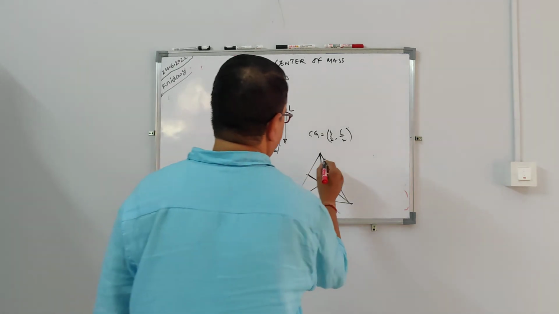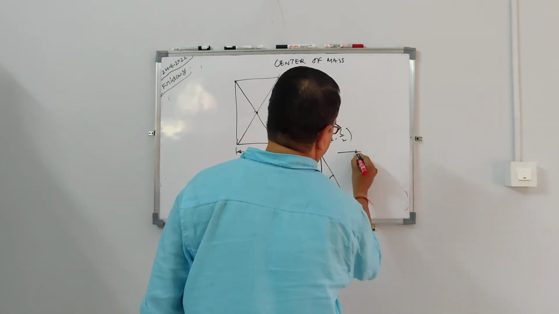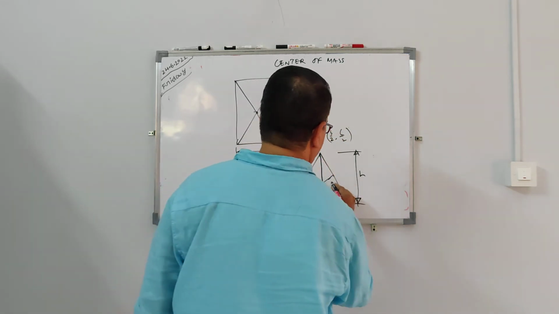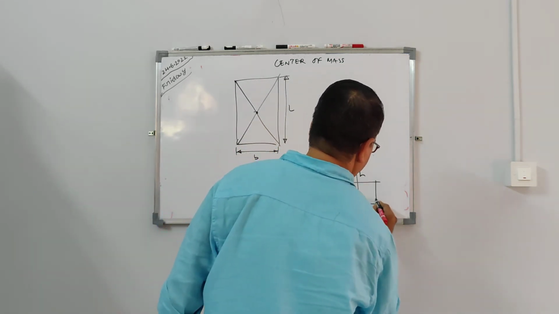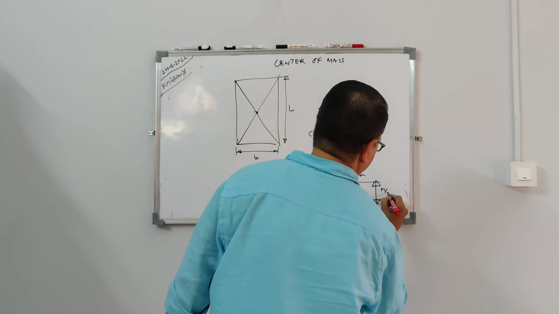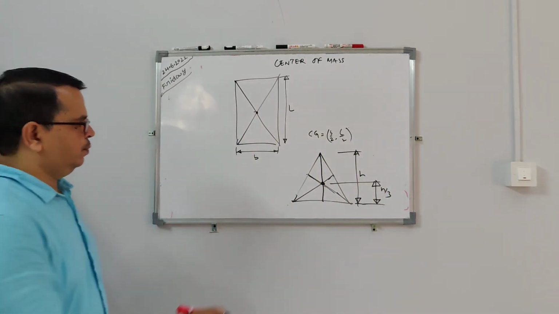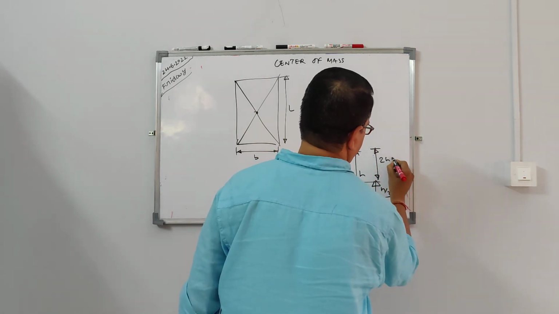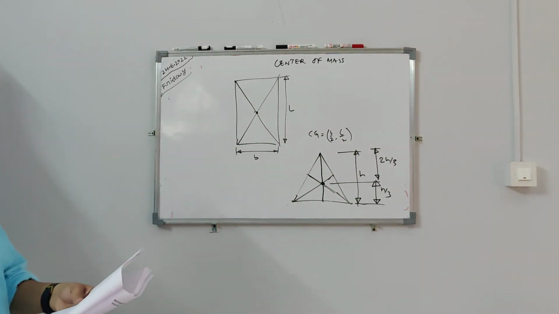If this height is h, my CG will be at h by 3 from the base. Understood? From the vertex it will be 2h by 3.